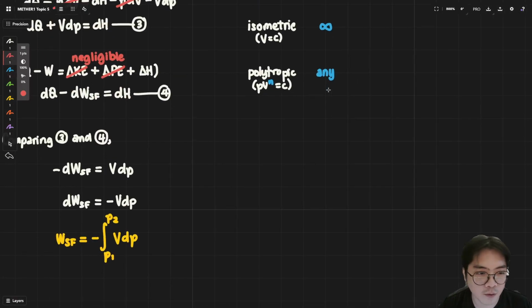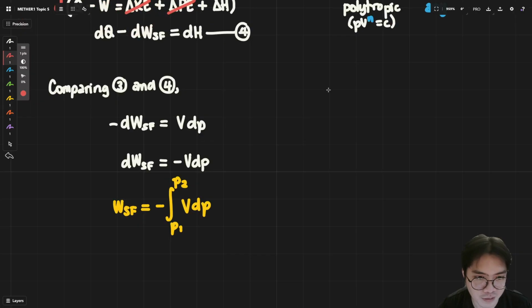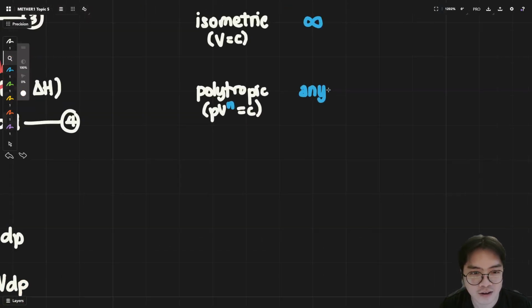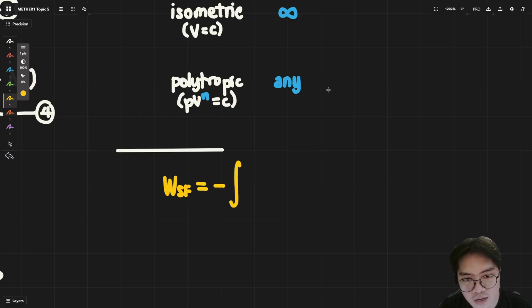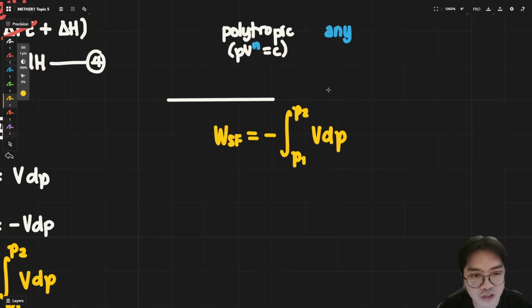If we remember properly, and actually we see it right here already, the work steady flow for any process is just going to be the negative integral of V dP from P1 to P2. Let's go with isobaric processes.